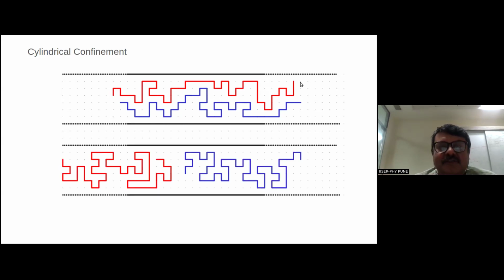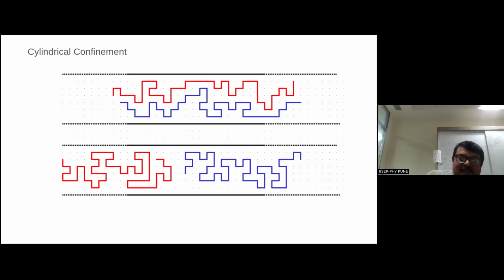And if this was an infinite cylinder, if they segregated to two different halves of the cylinder, the number of conformations each can take is significantly more. So more configurations means entropically it is favorable. It will increase the entropy.